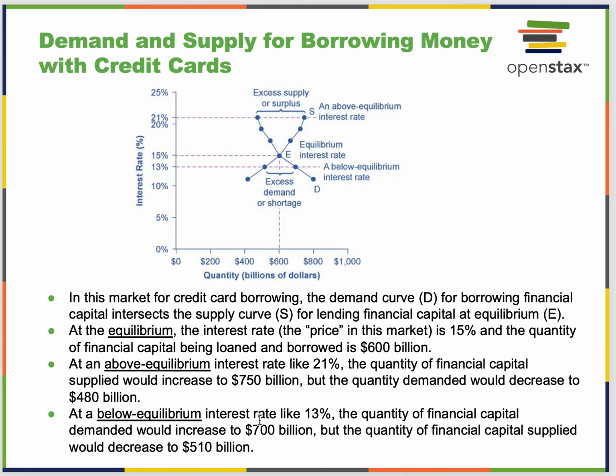On the other hand, if we drop it to 13%, people would theoretically demand more, but the banks would be willing to lend less, making less available for lending. So you'd have an excess demand, or shortage, of financial capital.